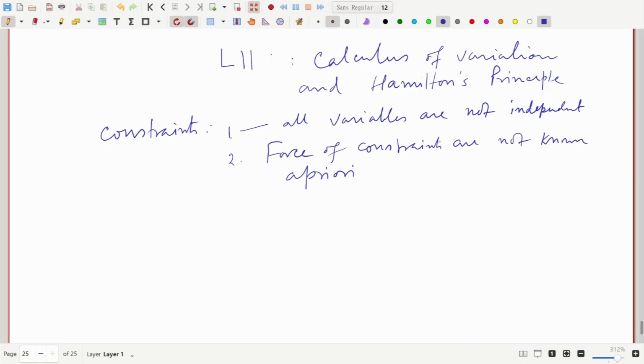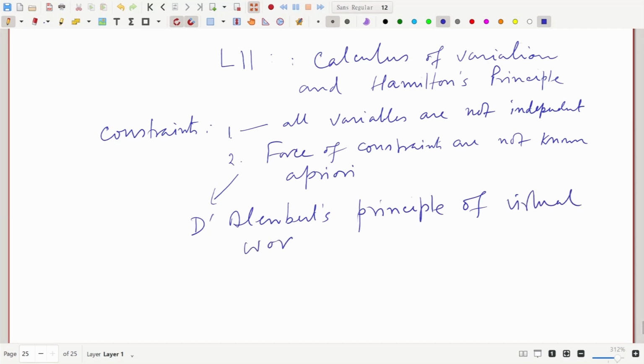First we started with how we can deal with the second problem, and I suggested in my previous lectures that this can be handled through D'Alembert's principle of virtual work.